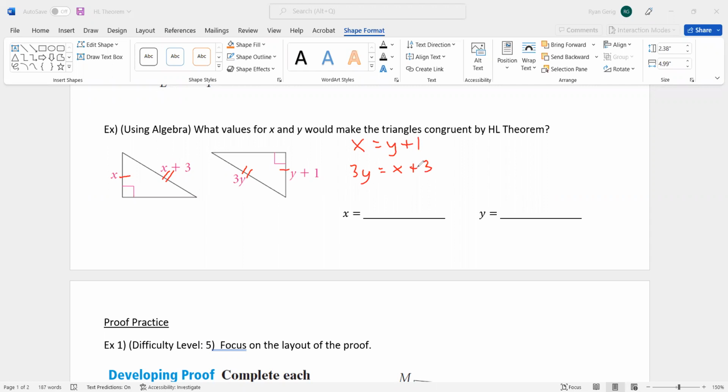This is substitution, right? I have x by itself, so I'm going to take the y plus 1 and put it in for there. And so I'm going to get 3y equals, instead of x there, I'm going to put y plus 1 plus 3. So that's y plus 4.